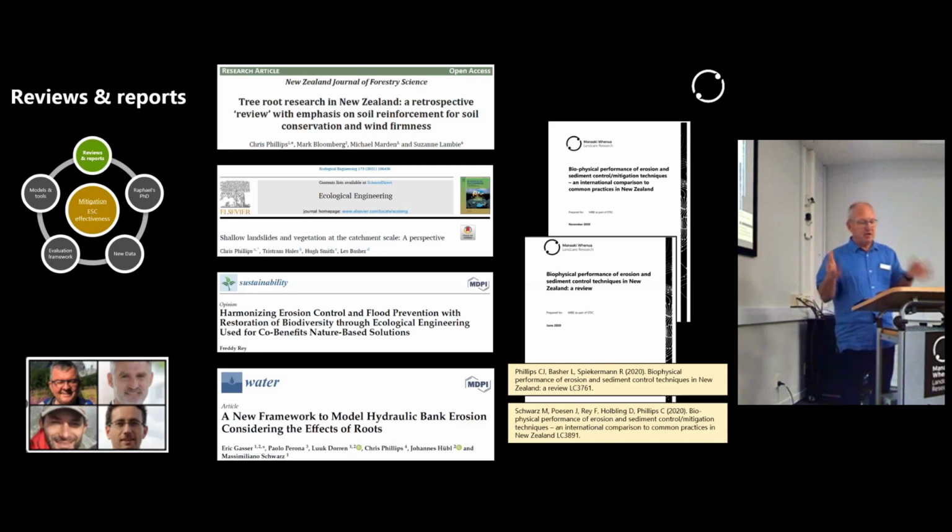And then we had that benchmarked against what our international collaborators, pictured here, a couple of them are here today, what was being done internationally, so that we could get a feel for where New Zealand sat in relation to what was going on globally. And those two reports basically provided the foundation for some of the work that we did subsequently.